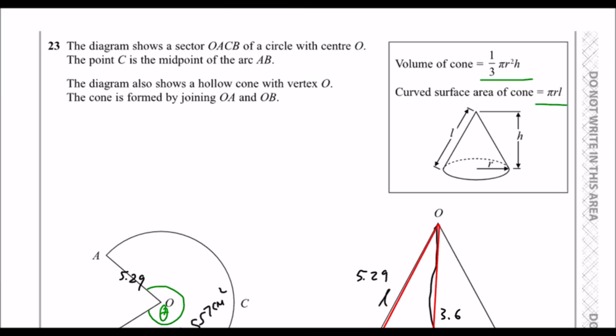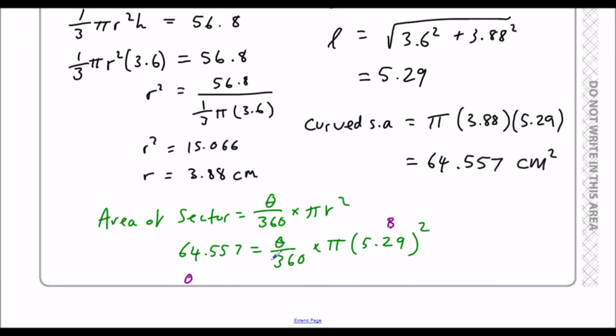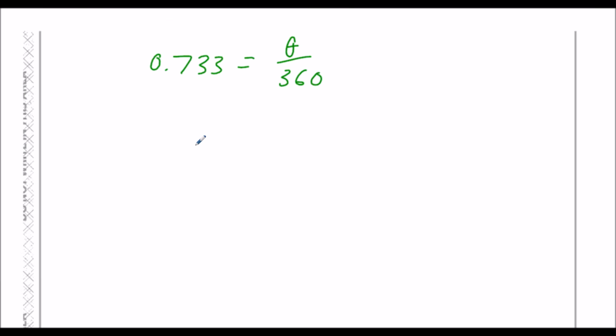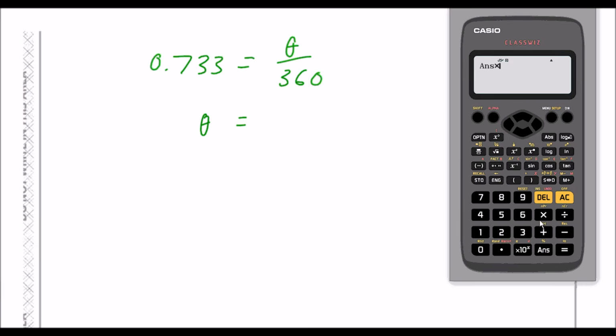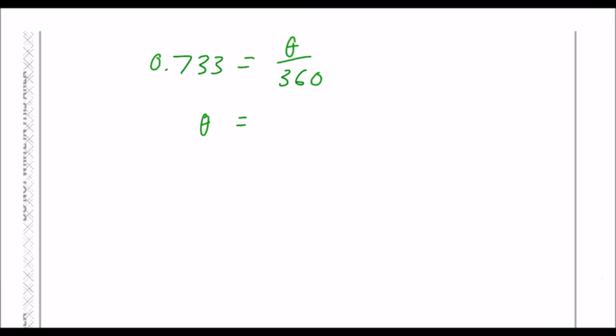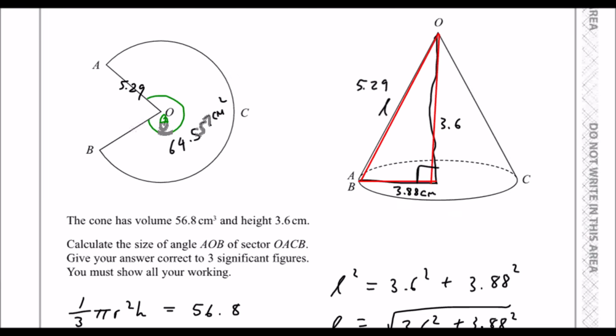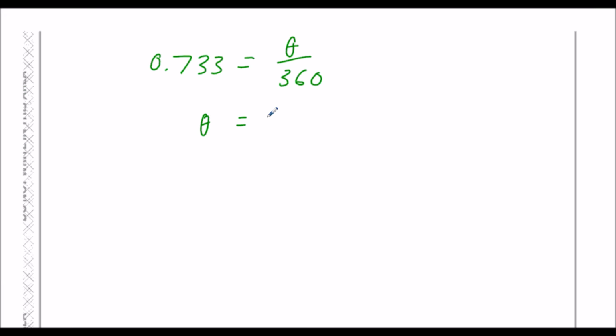So 0.733 is theta over 360. So theta is, multiplying both sides by 360, 264 degrees to three significant figures, 264 degrees.